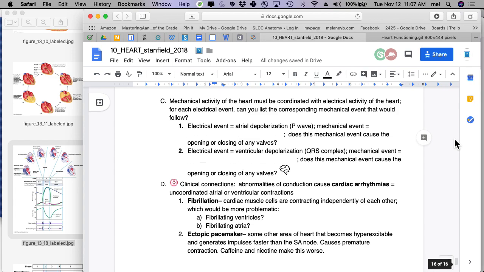Does this mechanical event, ventricular contraction, and the pressure that it generates, cause the opening or closing of any valves? Yes. Now be more specific and tell me what happens in what order because of that pressure change.